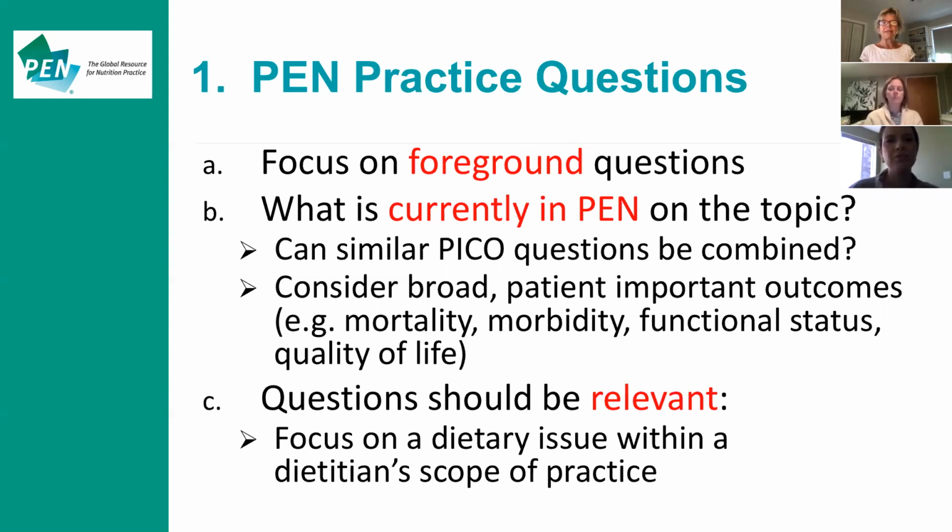And Donna, if you found other questions that were currently in Penn that could not be combined with the question that you're currently writing, then you would just link to those in the remarks section, correct? Yes. In fact, if there are other potentially important questions that relate to the one that you're doing, we can certainly link to that within a question.